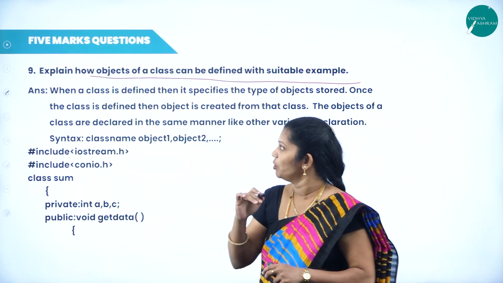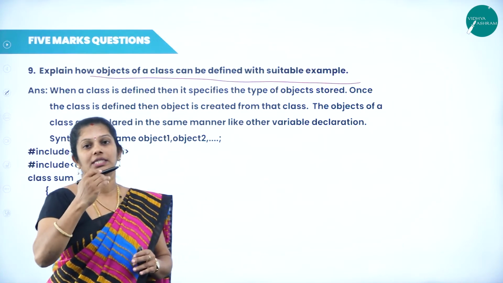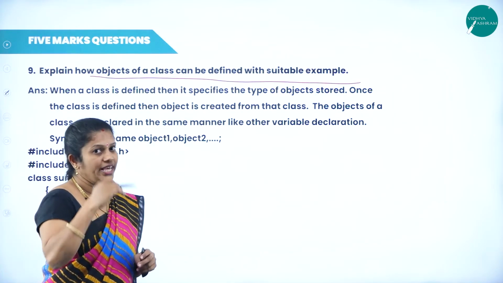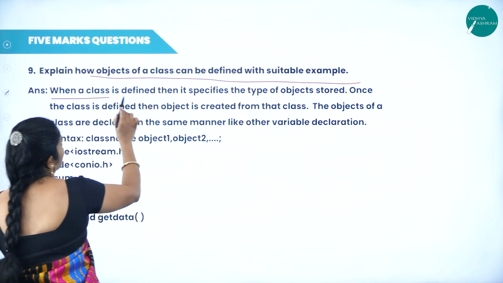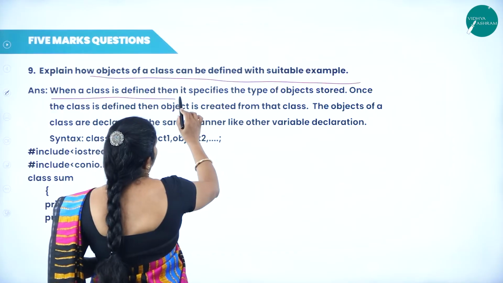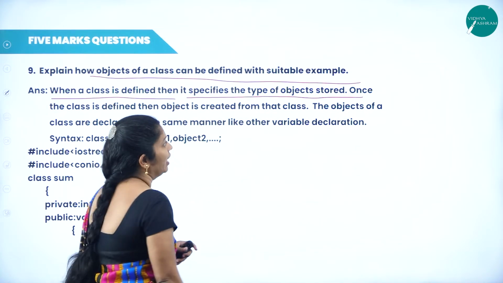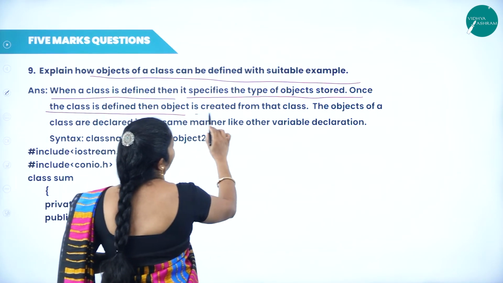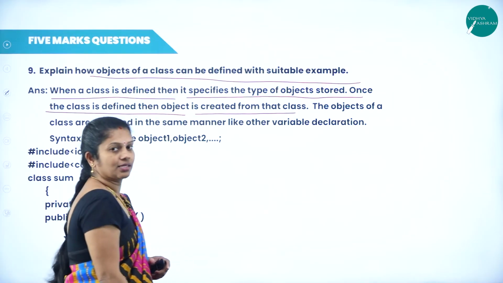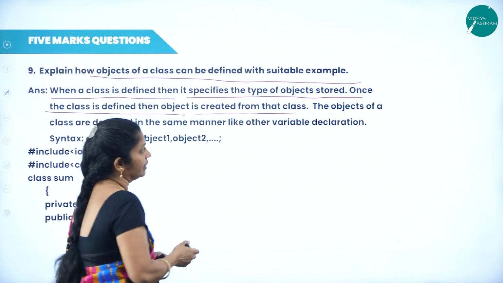When we come to the class definition, there we define the class name, the data members, and the member functions, everything. When a class is defined, it specifies the type of object it can store. Once the class is defined, then the object is created from that class, and from one class you can create as many objects as you want.